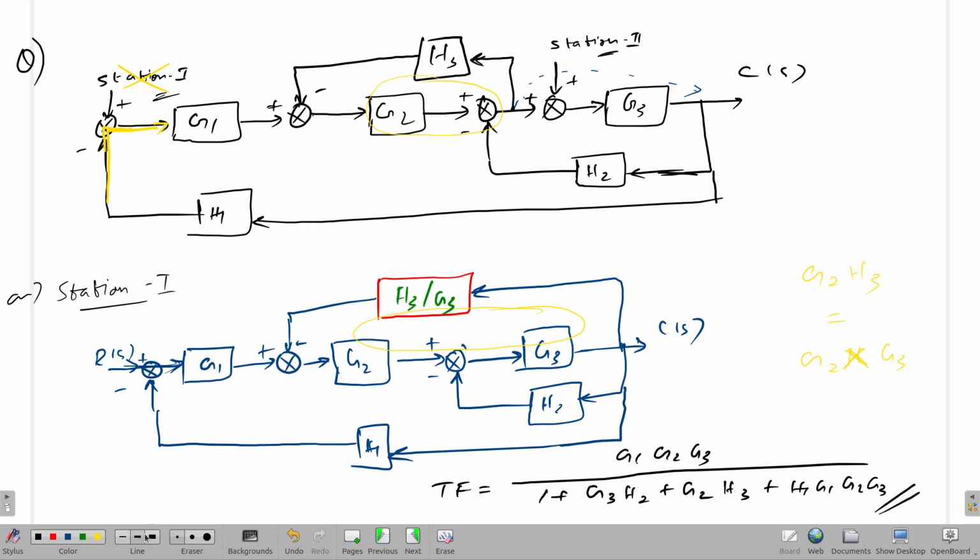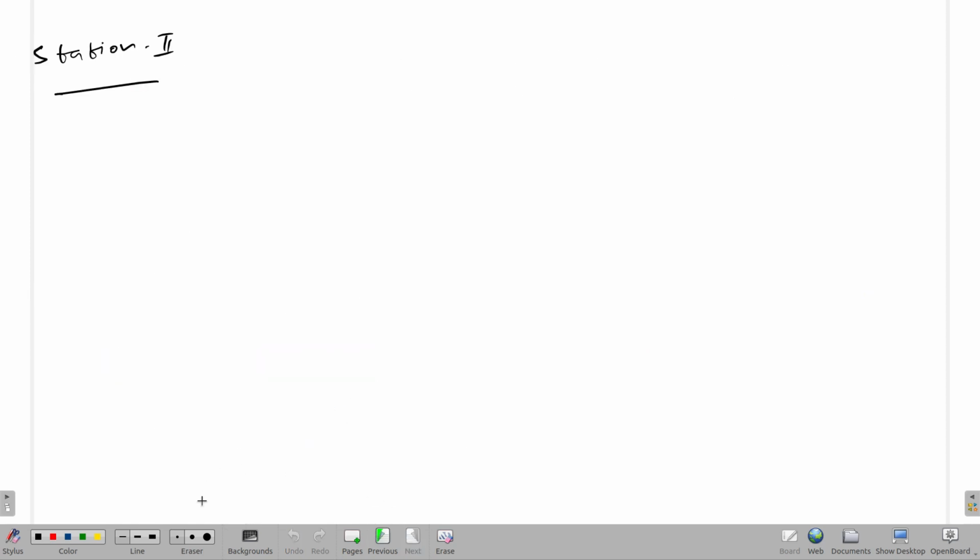That is, this particular feedback and this particular feedback will be conflicting. So what I am doing is, this time, instead of shifting H3, I am shifting H2 to this side. I am shifting H2 to here, so that there will be one feedback here and another feedback here, so things will be normal. Okay, let's see how we can redraw it.